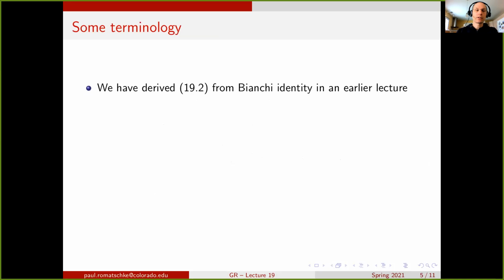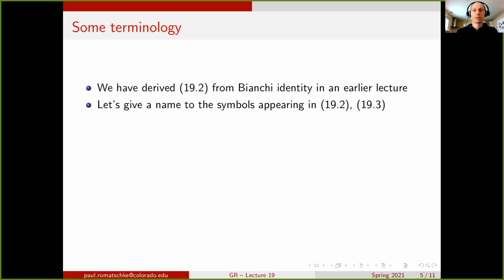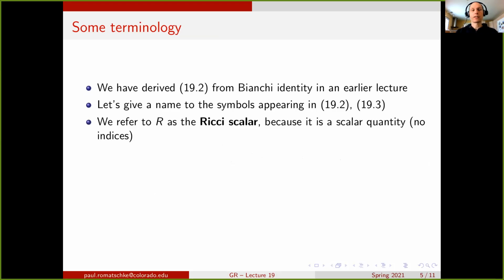So we have derived the conservation law from the Bianchi identity in an earlier lecture. I just wanted to give some names for the symbols appearing in these equations. To get started, the R that appears in these equations will be called the Ricci scalar. It's a scalar because it has no indices.